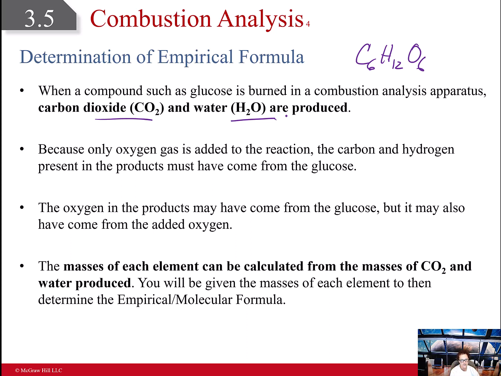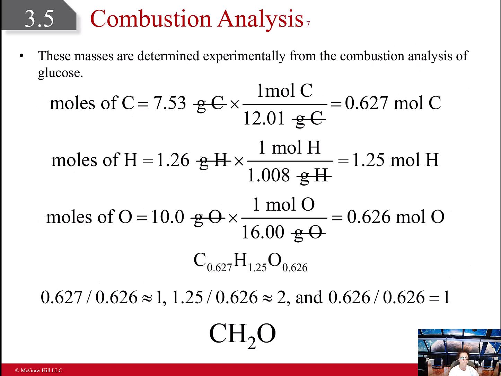Now the oxygen could come from the glucose, but it could have also come from what we added. So we're going to actually calculate the CO2 and the H2O that we produce, and then we will use those masses to figure out what the empirical and then finally the molecular formula is.